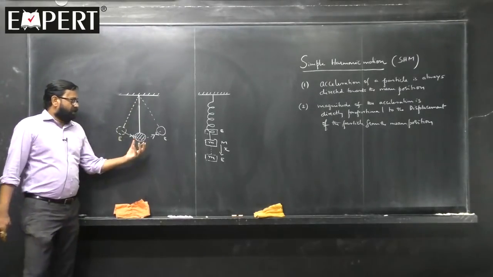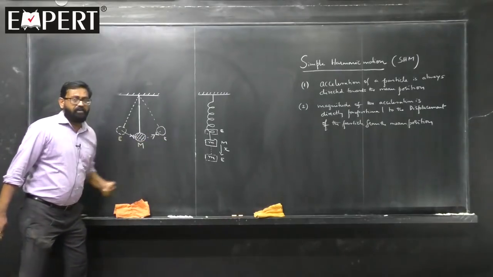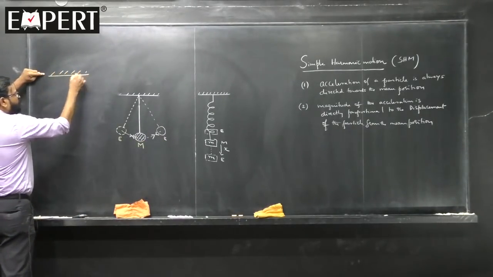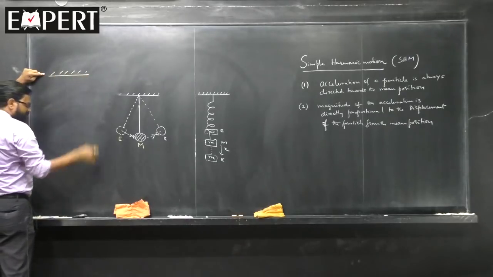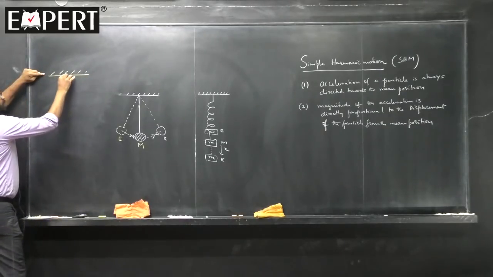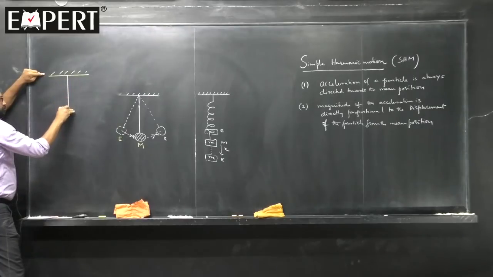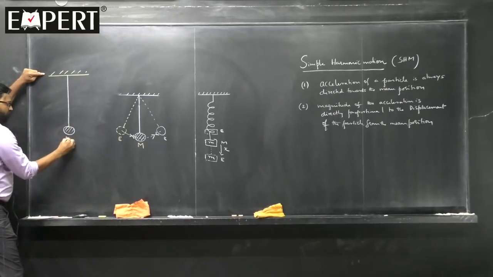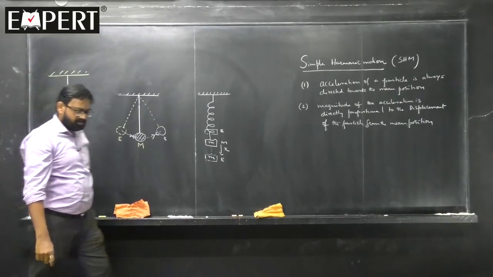As you already know, in the example of a pendulum, I will redraw it just to convince a few points. There is a rigid support and a metal bob hanging from the rigid support. This position of the metal bob, where it is initially at rest, is called the mean position.